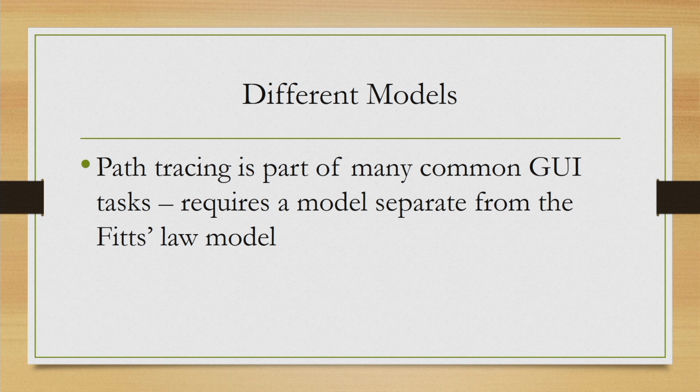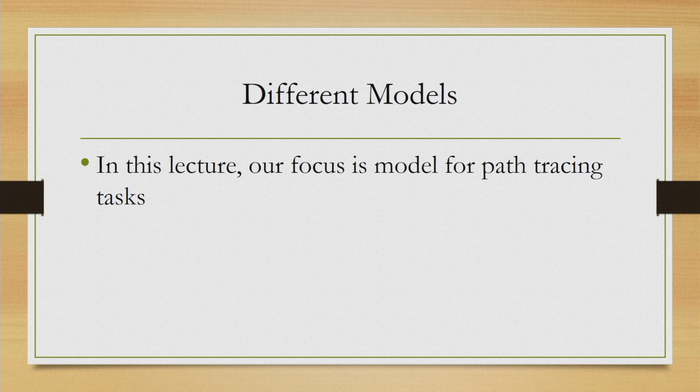There is more than one model, and in this lecture we will learn about one model. In the next lecture one more model will be discussed, which deals with modeling performance of users during constrained navigational tasks. So, in this lecture our focus is on modeling performance during path tracing tasks.